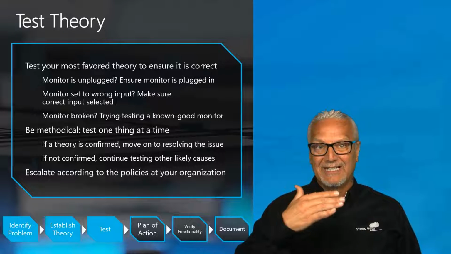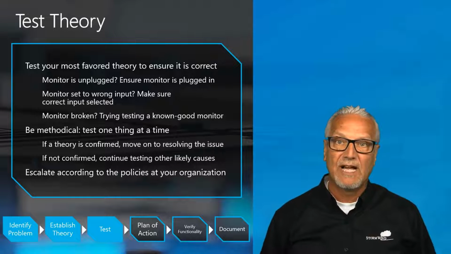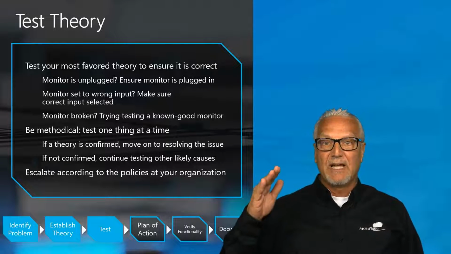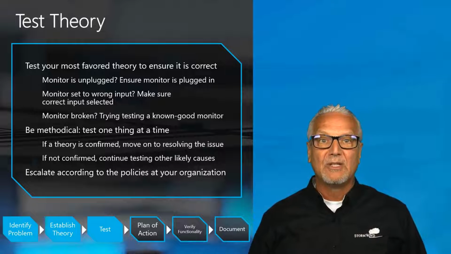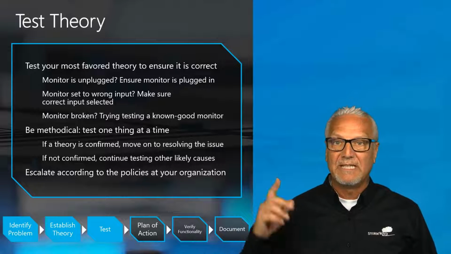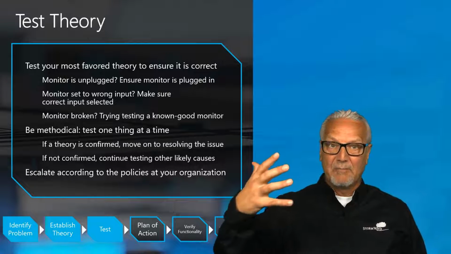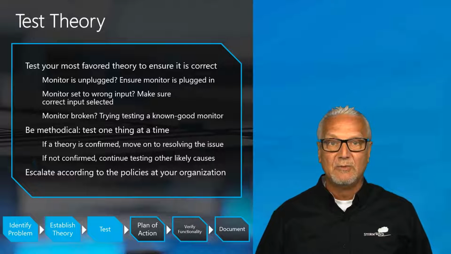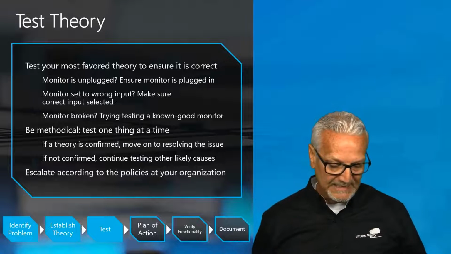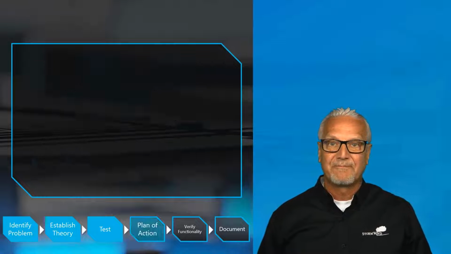And you're in the scenario where all that stuff's handled by the Microsoft 365 team. Then at that point in time, you need to escalate to the proper team if that's an architecture that you have. So it's in the test the theory part of the process where you would determine, if it's appropriate, you would escalate the problem.